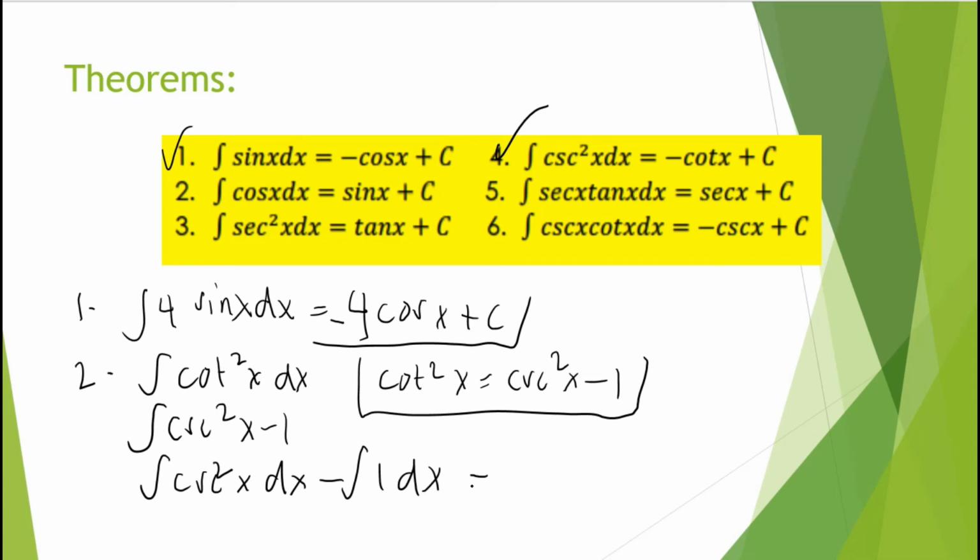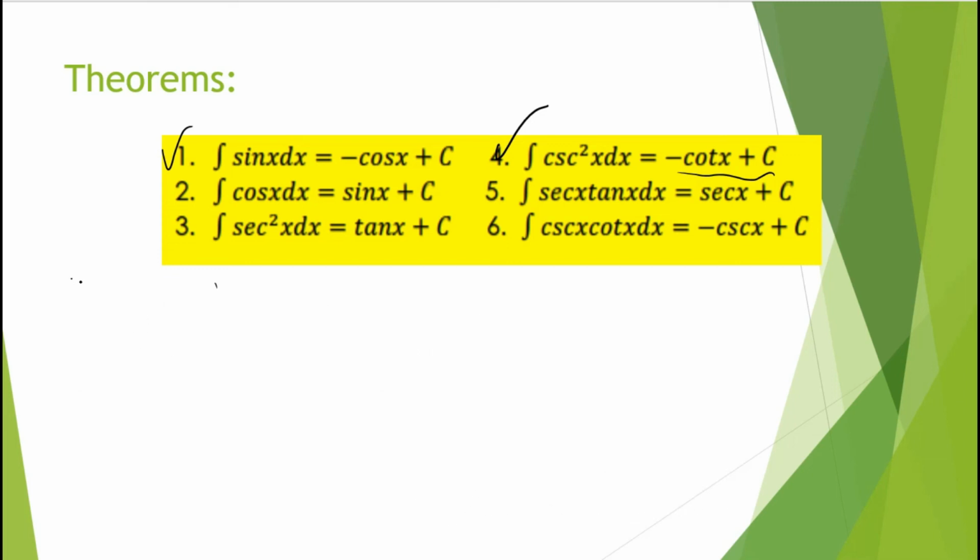Okay, so now we integrate. The integral of cosecant squared x dx is negative cotangent x. And then minus the integral of dx, which is just x. And then we have plus c. So this is the final answer.